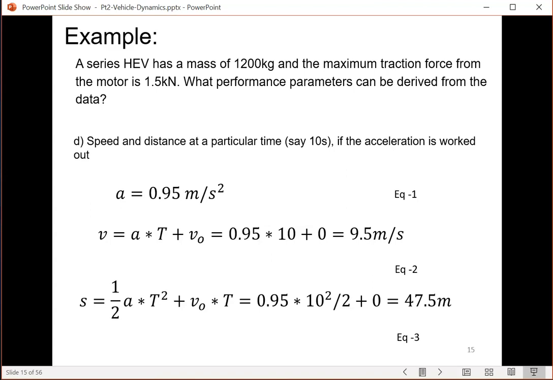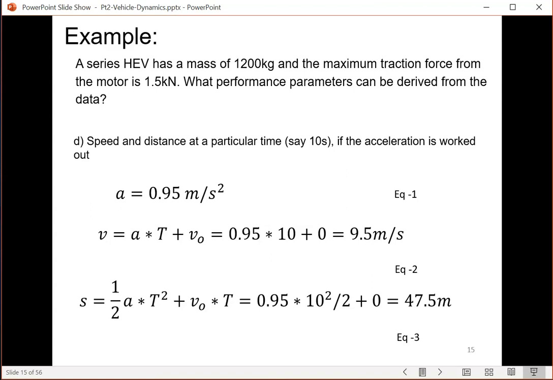So A is 0.95 times T is 10. Therefore, in 10 seconds, the vehicle speed would be 9.5 meters per second. You can convert that to kilometer per hour or miles per hour if required. But 9.5 meters per second, that's the speed in the standard SI unit.